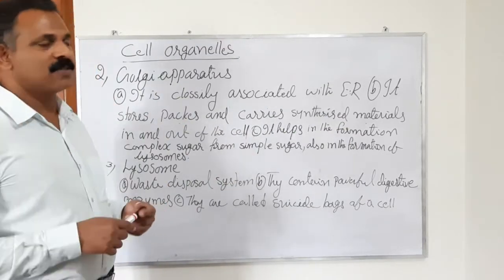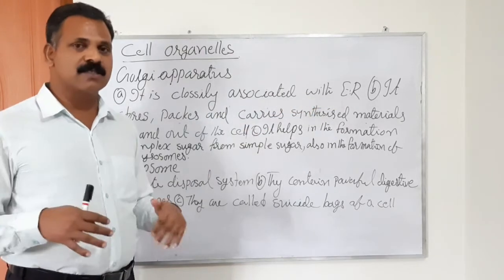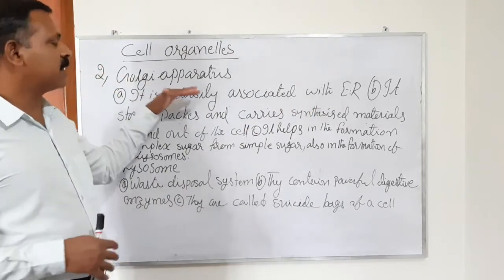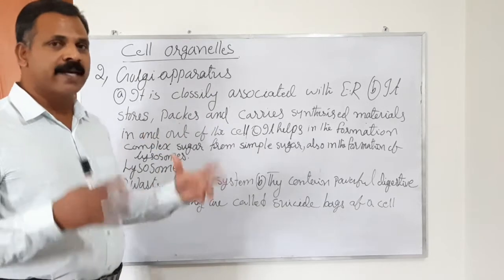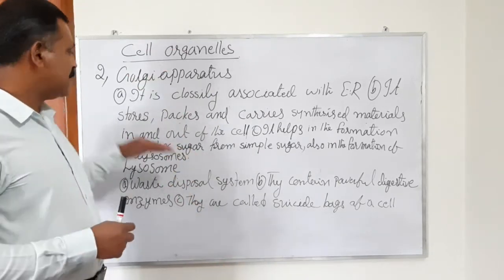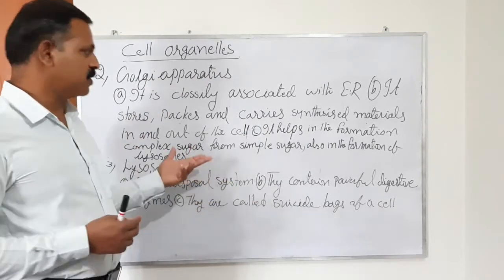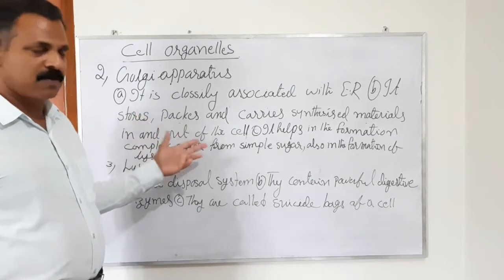That's the main difference, because ER carries and transports materials within the cell, but the Golgi apparatus carries, stores, packs and distributes the synthesized material in and out of the cell. So it has a wide range of distribution. That is what the Golgi apparatus performs.